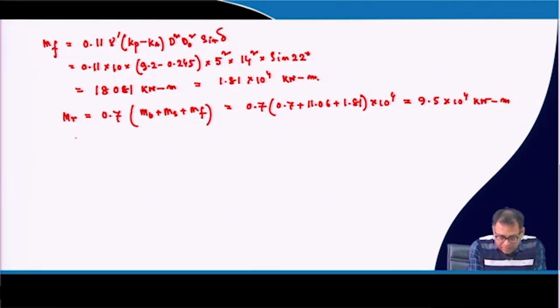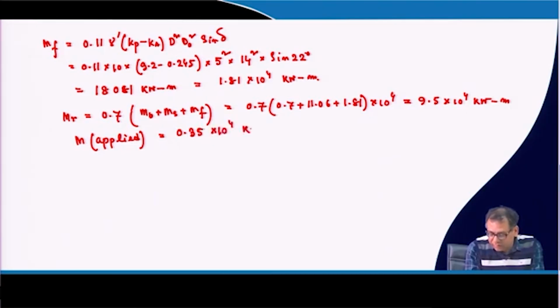And the applied moment is equal to 0.35 into 10 to the power 4 kilonewton meter. So, thus M is not greater than 0.7 times of Mb plus Ms plus Mf.